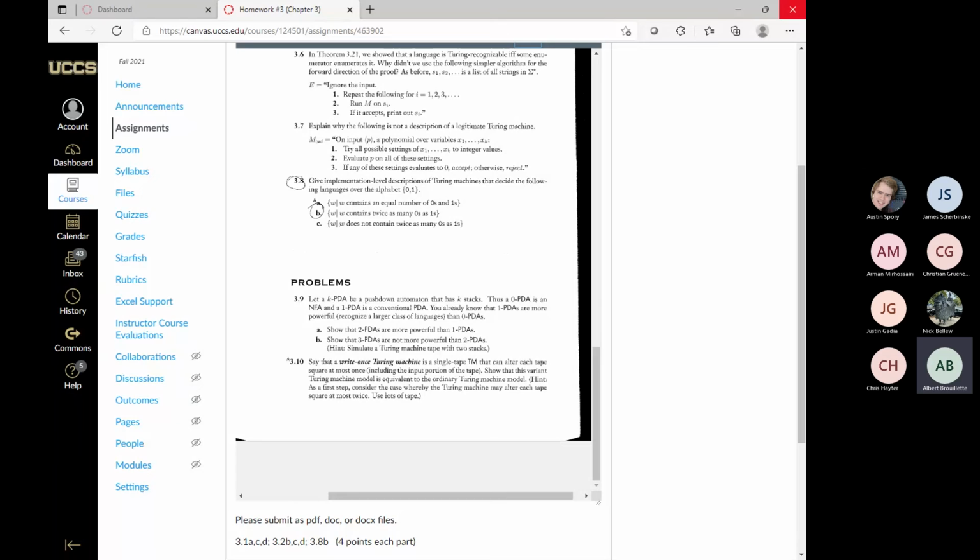Twice as many zeros as ones. So what should you do? Every time you see a 1, push 2 zeros on, something like that. And when you see a 0, pop off. That's the big idea. It's not a perfect solution.